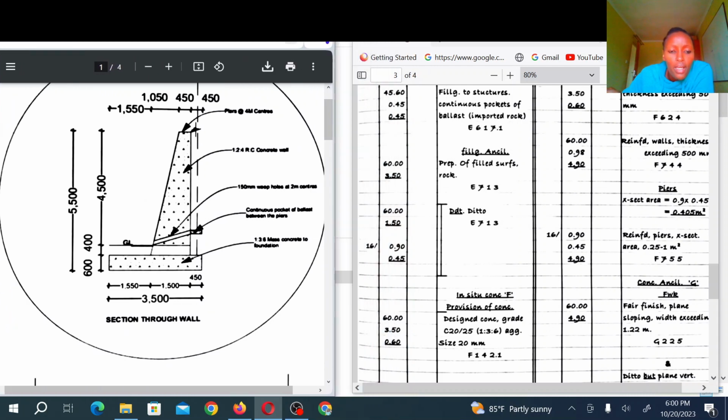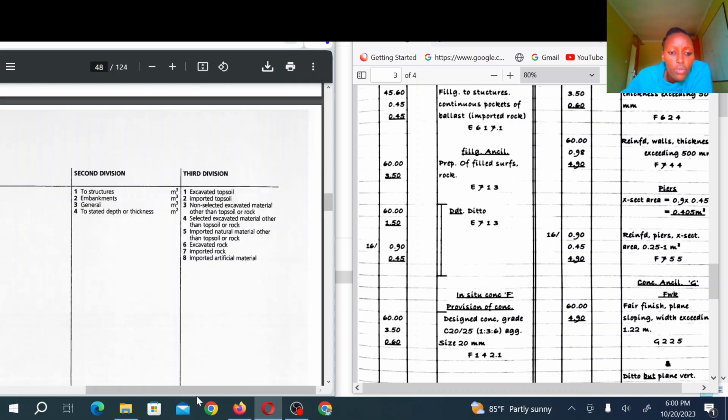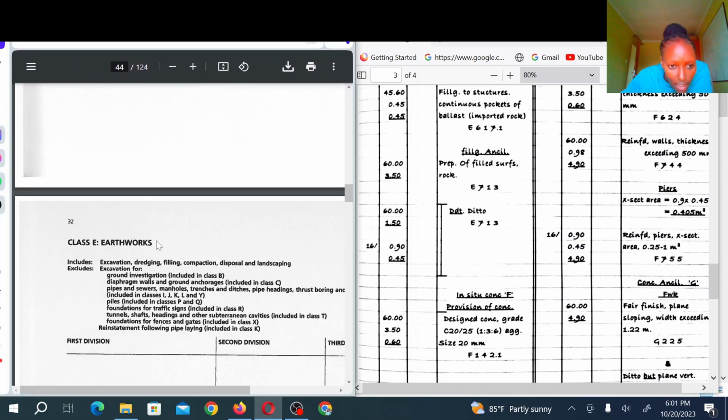Class E, we did; it told us what it includes: the excavation, the filling, the compaction, the disposal. After we are done with the earthworks, now we go to in situ concrete, and in situ concrete is in class F.